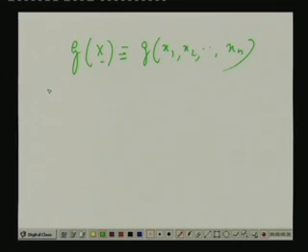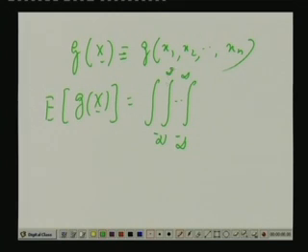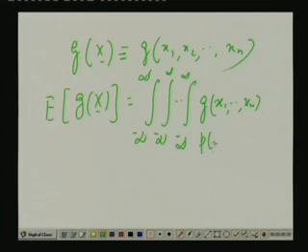Now, by extending our previous argument, we can then say that the expected value of g(x) is nothing but the integral of g(x) times the corresponding probability density function, dx1 up to dxn.